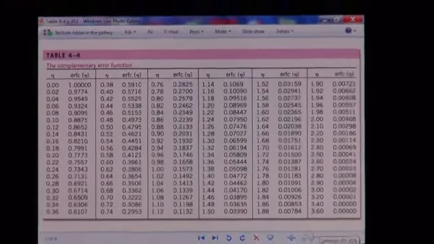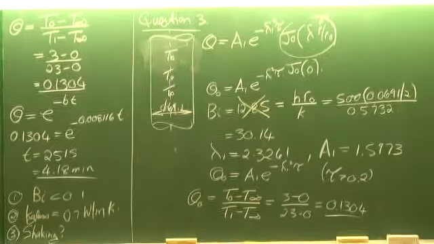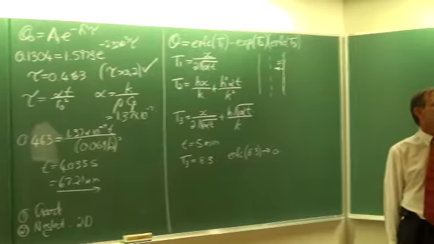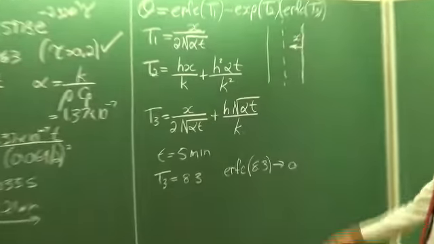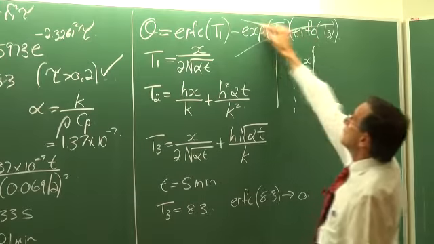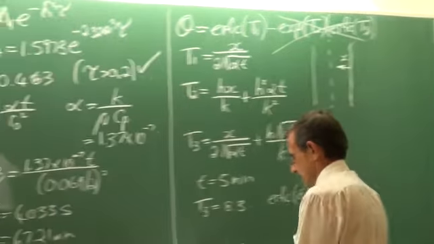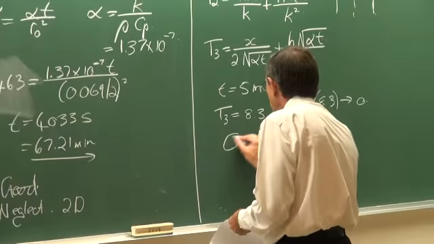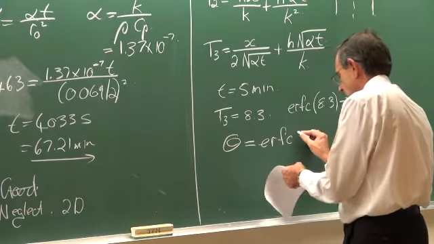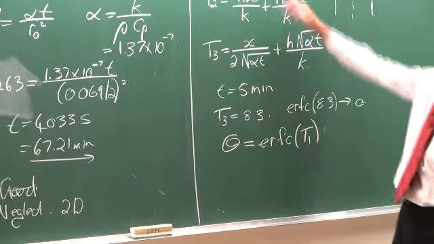So with that value, the complementary error function of 8.3 is 0. And we've got 0 multiplied by that, then everything on that side disappears, and the equation now reduces to a very, very simple equation: the non-dimensionalized temperature is equal to the complementary error function of T1, and T1 is just that term there.